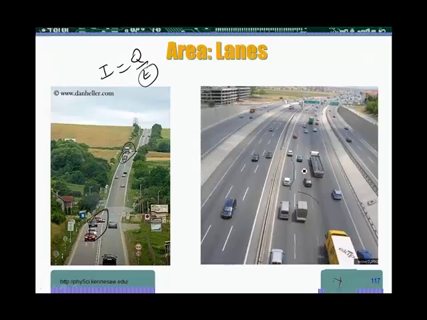So the overall speed of charges on this highway is going to be faster than here. So faster speed means more current, meaning the charges have experienced less resistance for the same length of highway. So if we have the same length of highway, one lane is going to be a higher resistance than multiple lanes.